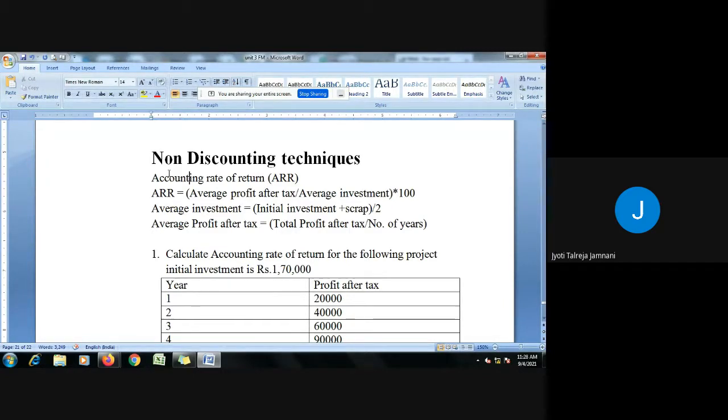Scrap means the salvage value or the remaining value of the asset. Only then will we use this formula. Otherwise, we'll simply divide by the initial investment, because if scrap is not given and you find the average, that means your investment will become half. You're just doing initial investment divided by 2, which is not correct, so you will not get a proper rate of return.